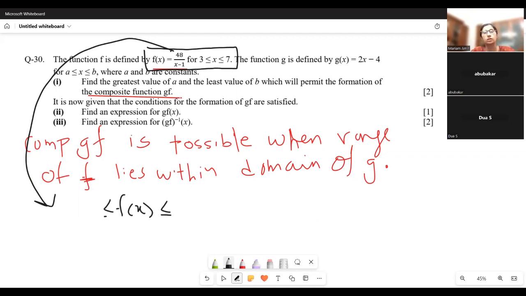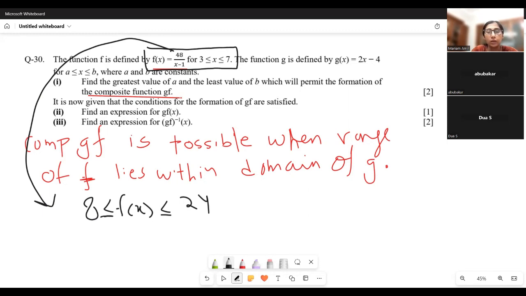First substitute 3. 24. Okay, 24 will be the biggest value because as the denominator gets bigger, the fraction gets smaller. So when you substituted 3 here, you got 24, and when you substitute 7 here, you get 8. 48 over 7 minus 1 is 8. Yes. So this is the range of f.